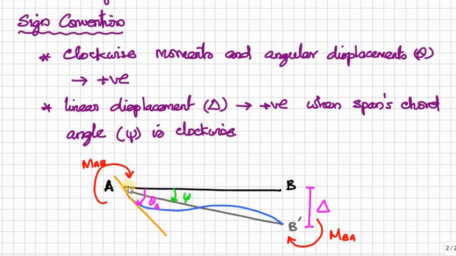This is the original position AB. After deflection, we get A to B dash. The line joining A and B dash is the span chord. How does it rotate in this case? In the clockwise direction. That's why this delta is positive.